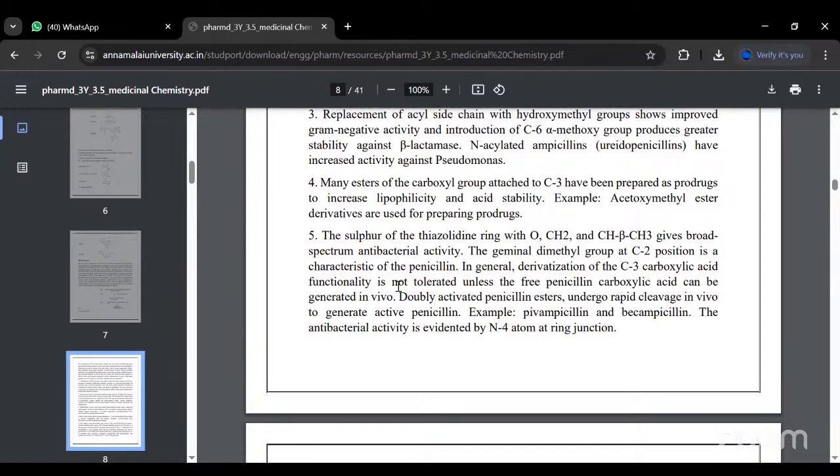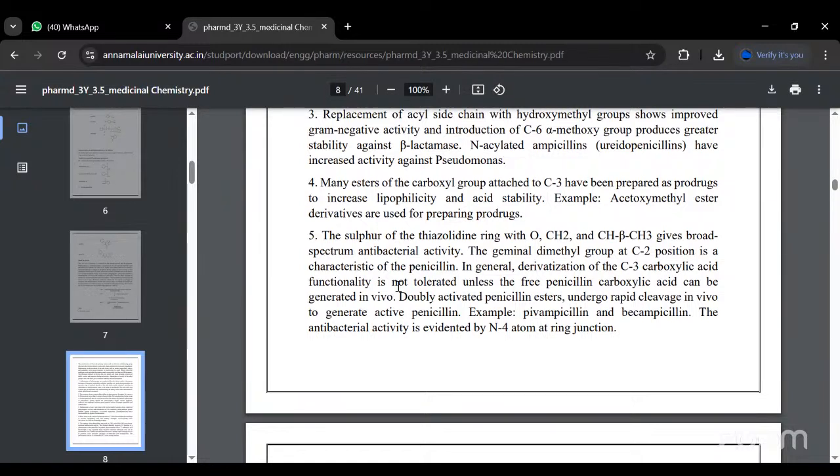In general, the geminal dimethyl group at the C2 position is a characteristic of the penicillin.